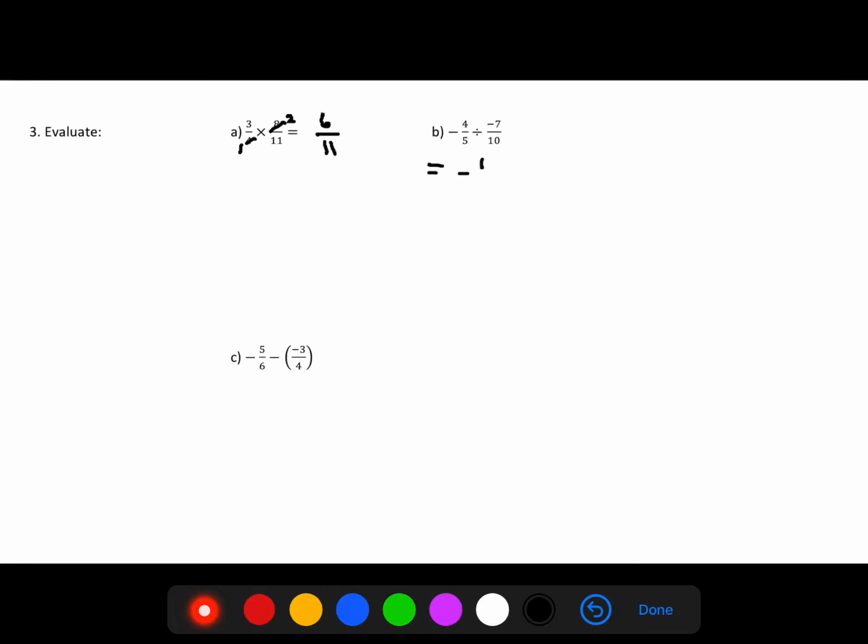And that's exactly the process here for changing this to a multiplication question: copy the first number, change to multiplying, and flip the second fraction. So copy, flip, flip, or keep, change, change, changes this to a multiplying question.